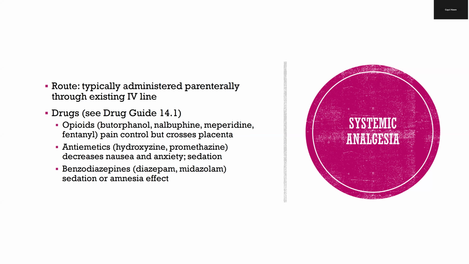But the one thing I want you to remember is with systemic analgesia, if it's administered within 4 hours of the delivery of the fetus, then the nursing team needs to be prepared to potentially care for a neonate who has some respiratory depression to some extent. So having naloxone or Narcan for the neonate on hand just in case that occurs is important.